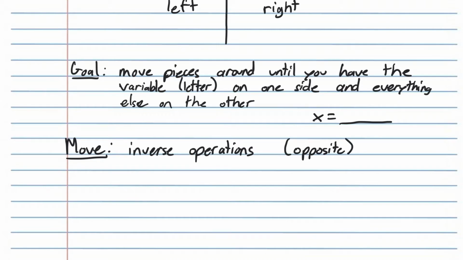So the inverse operation, so let's say if we were adding something, the inverse of adding something would be subtracting it. And vice versa. The inverse of subtracting something would be adding it. Those are inverse operations. Same thing with multiplication. The inverse, or the opposite of multiplication, is division, and the inverse of division is multiplication. Those are inverses. They undo each other, essentially. So that's how you move things around from one side to the other side, is you do the opposite.